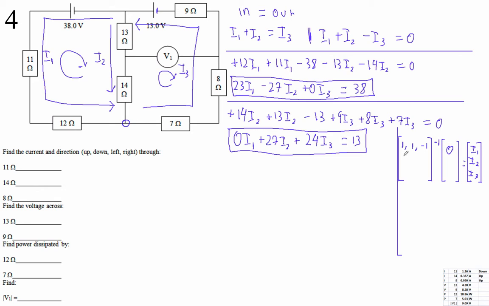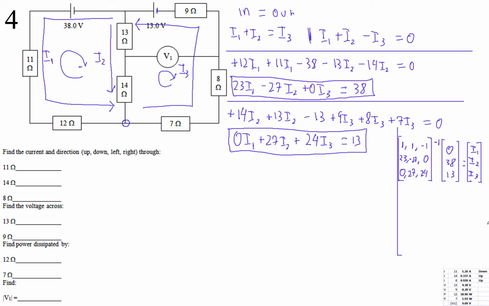The next one is 23, negative 27, 0, and then that's 38. This one's 0, 27, 24, and then on the right side here is 13.